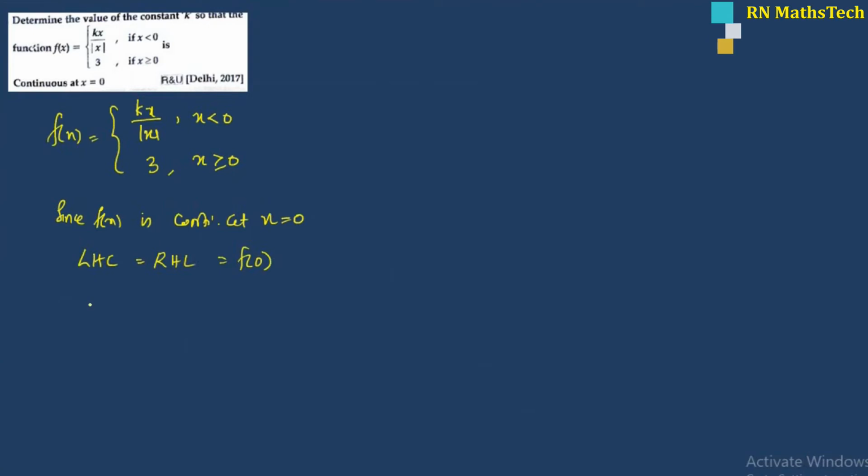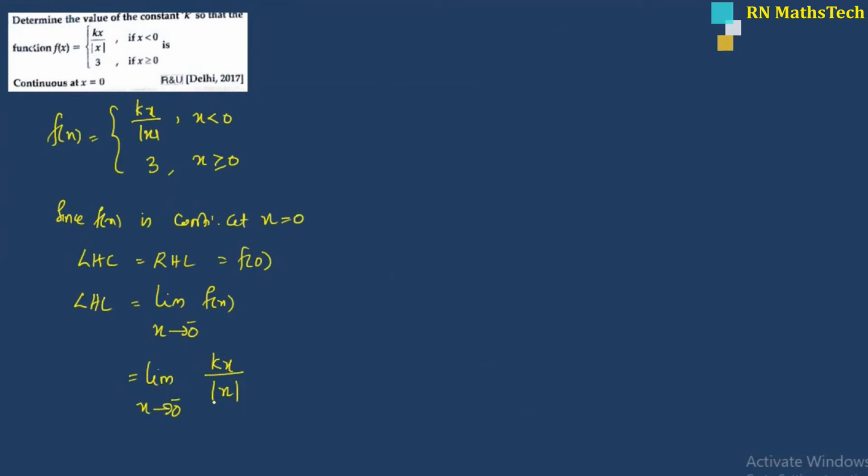Okay. Now left hand limit LHL equal to limit x tends to 0 minus f of x, that is equal to limit x tends to 0 minus kx divided by mod x.